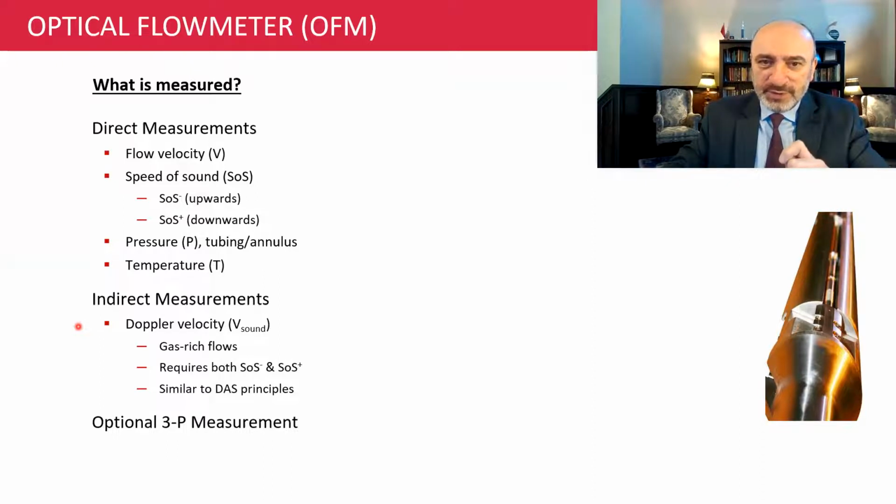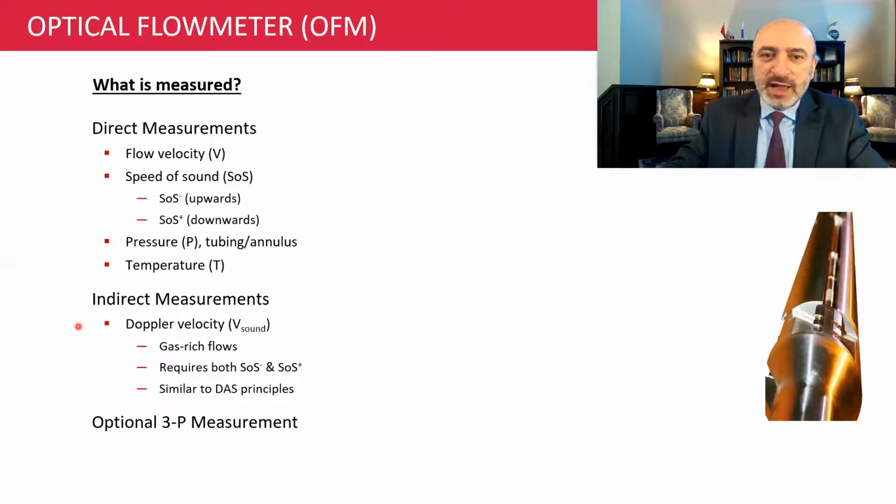So the family of the sound waves moving with the flow will have a faster velocity than the true speed of sound. Likewise, the other family of sound waves will be moving opposite to the flow. So the superposition works in a subtractive way, and they will be propagating slower than the true speed of sound.